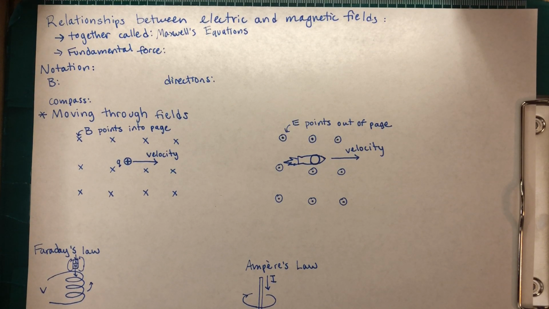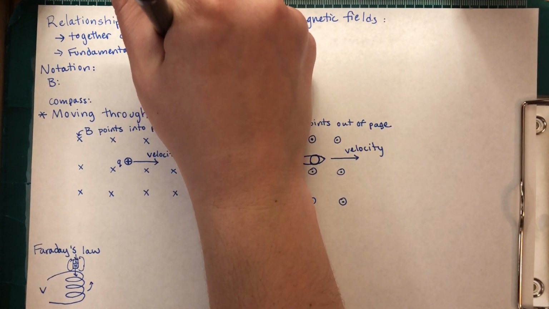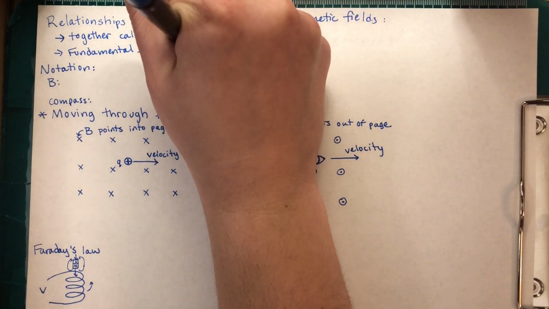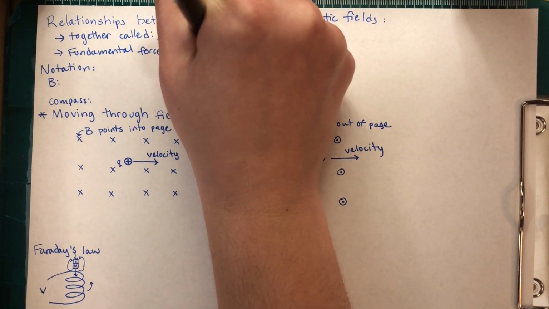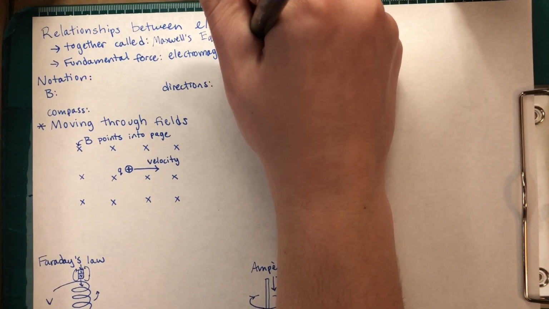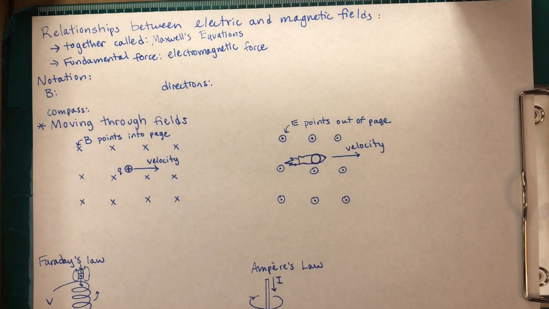The fundamental force that we're talking about is really the force of electromagnetism, or the electromagnetic force. And this is a combination of the effects of electric and magnetic fields because they go together, they're two sides of the same coin.